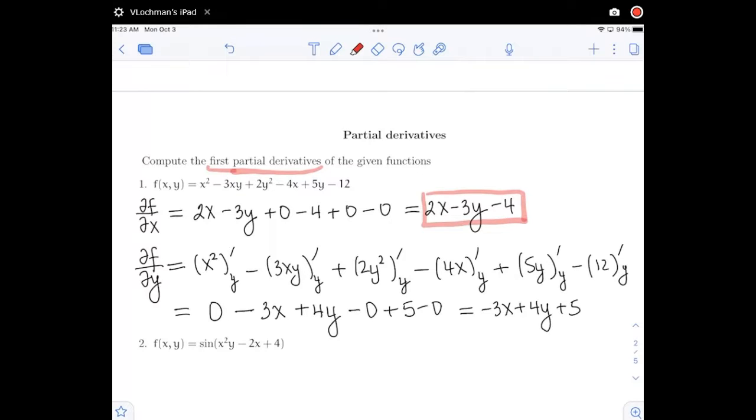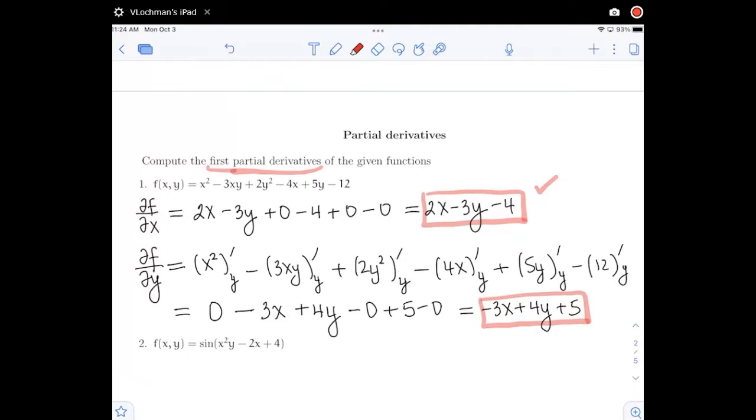Okay, what do these functions tell us? If I pick a point on a surface and I only move in the direction of x, think about along the x-axis, then that's going to give me a rate of change in that direction, and that's 2x minus 3y minus 4.